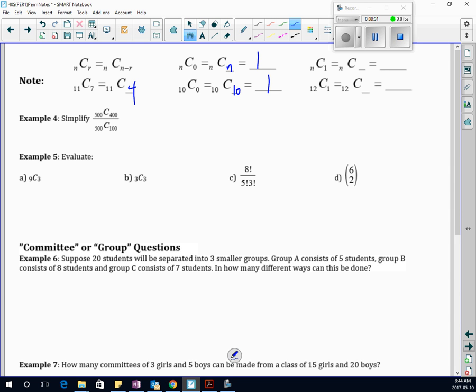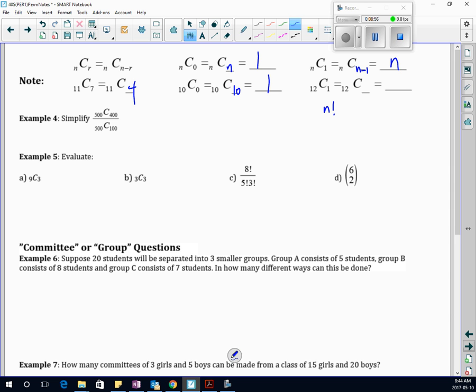Okay, next one. NC1, that would be equal to NC n minus 1. Does anybody think they know what that would equal? It would equal n. Very good. And I'll show you why.